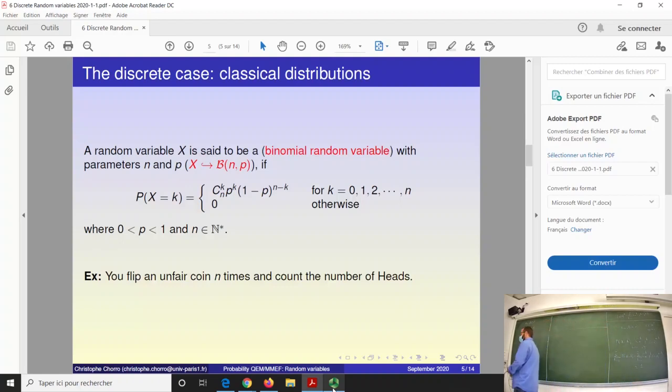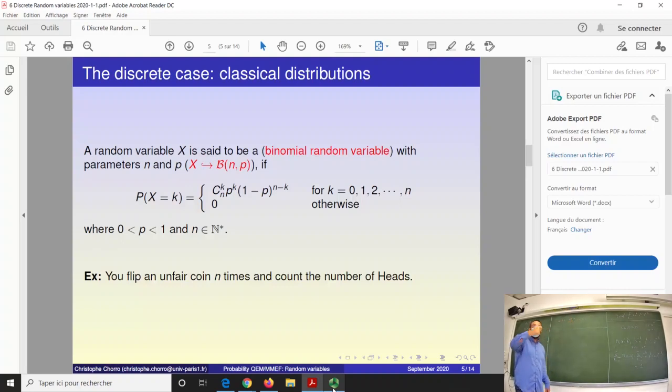So if you have a random experiment with two possible outcomes, let's call the first a success and the second a failure, and you repeat this n times and count the number of successes, you will obtain a binomial distribution. So why do I have this? Let's start with a very particular case. I take just n equal to 3 and p.